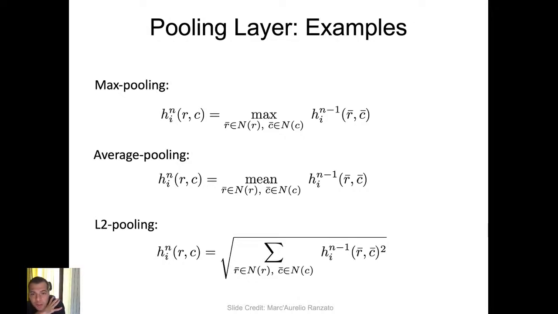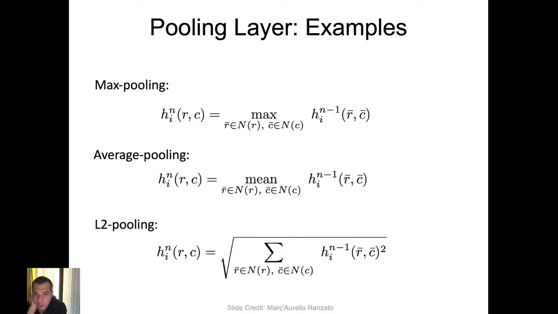For the pooling layer we have different operations that we can apply. The most popular one is the max pooling operation, which just takes the maximum from each spatial location where we apply the pooling filter.